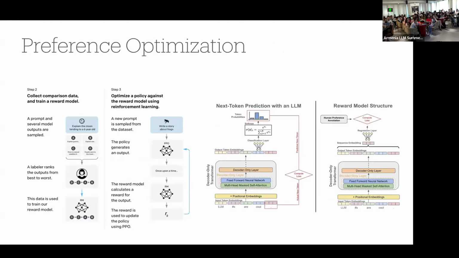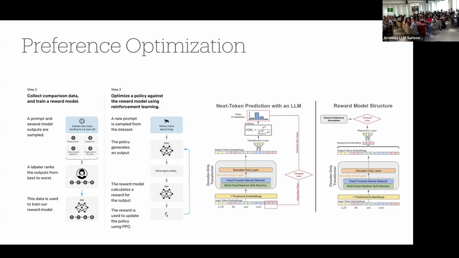Probably the thing that became very popular in the big labs for doing this is preference optimization. The idea is that you can collect a ton of comparison data, even from a production environment. Given a prompt, you sample a couple of outputs, and someone ranks them best to worst.